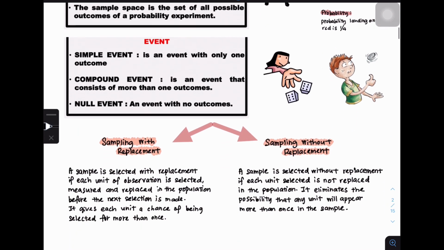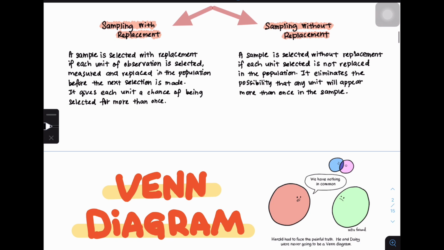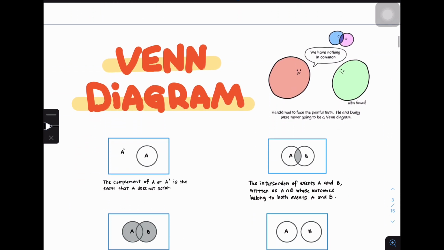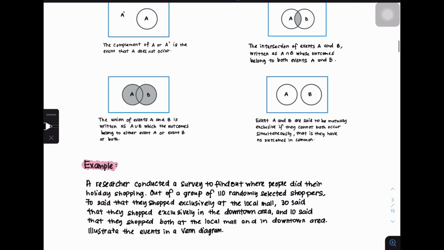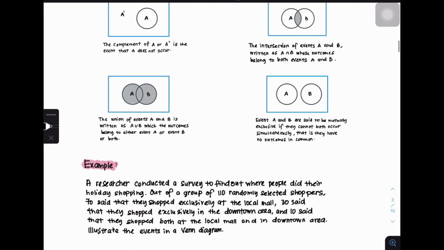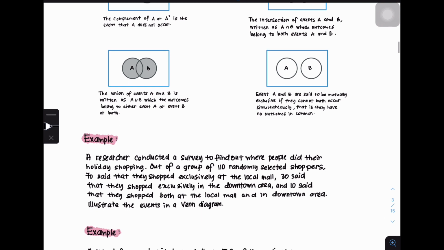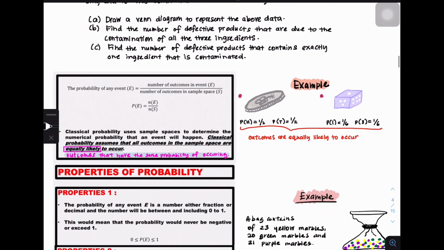So kita dah tengok sebelum ini, dan kita juga dah tengok definition of sampling with replacement and sampling without replacement, and also on how to illustrate the Venn diagram according to the situation or to the problems. Okay, so what is the meaning of complement, what is the meaning of intersection, what is the meaning of union, what is the meaning of mutually exclusive, and a few examples we already did in the previous class.